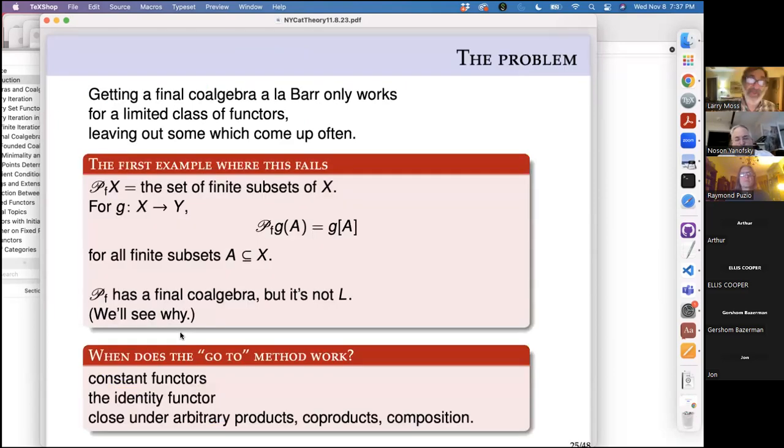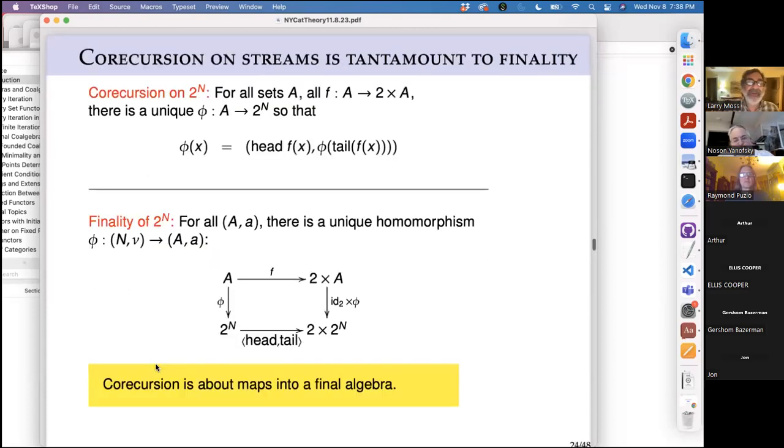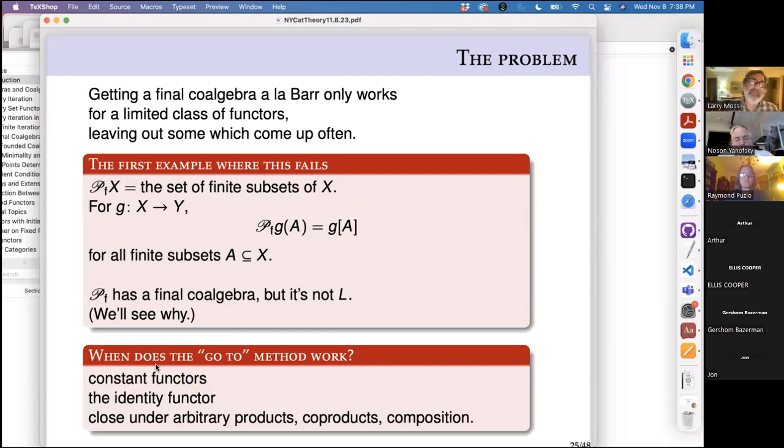Here's the problem. The problem this talk is about is that the method of Barr, which is actually to use this theorem from 1993, in many cases doesn't really work. For example, it doesn't work for the finite power set functor. The finite power set functor has a final coalgebra, but Barr's theorem doesn't work.